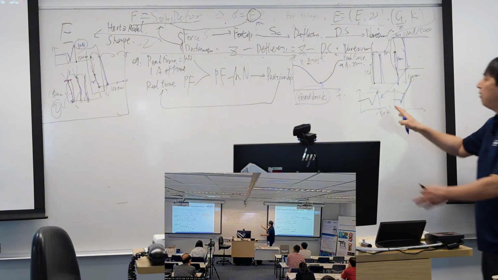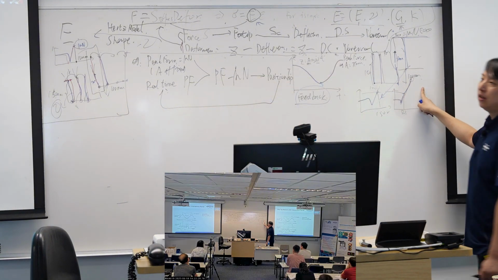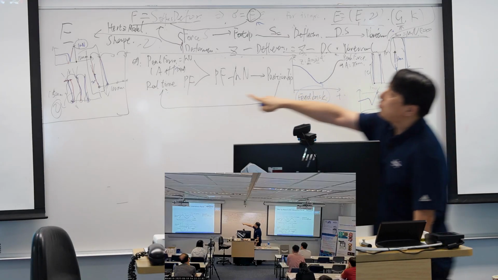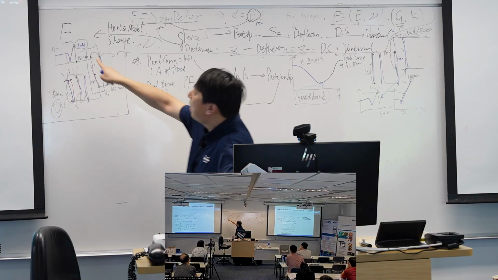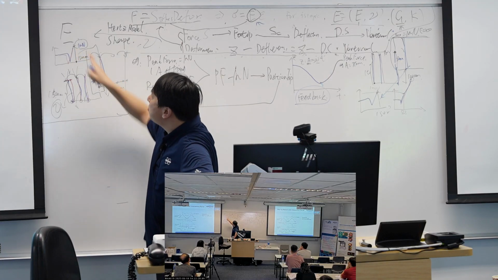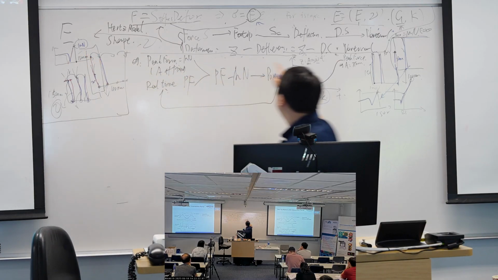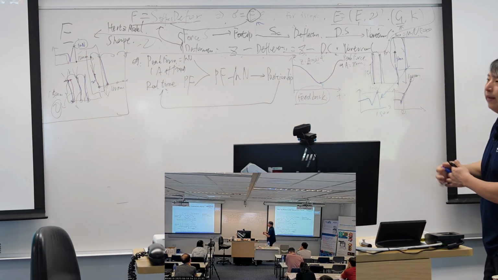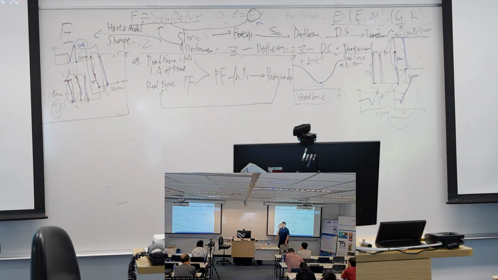If we compare this one and this one, in this one we always make the maximum force at our setup. But for this kind of feedback, we may have several points that miss the setup.